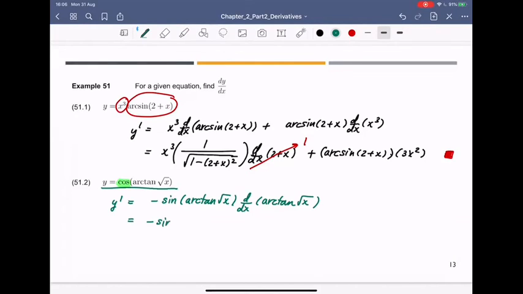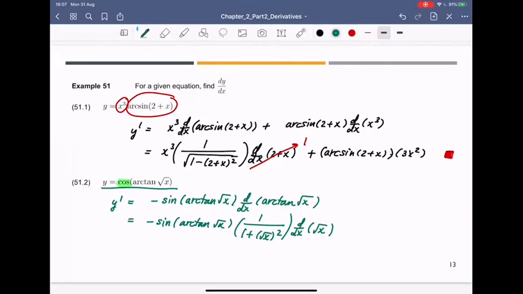You differentiate arctan, so you get 1 over 1 plus (square root x) squared. Then you have to differentiate the inner function, square root x. If you memorize the formula for arctan, the derivative of arctan x is 1 over 1 plus x squared. That's how I differentiate using the chain rule here.